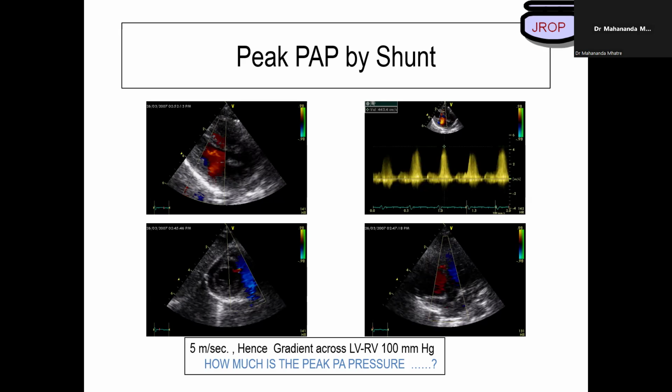Around 30. So what would be the TR gradient now? You said peak pulmonary artery pressure is 30, correct?